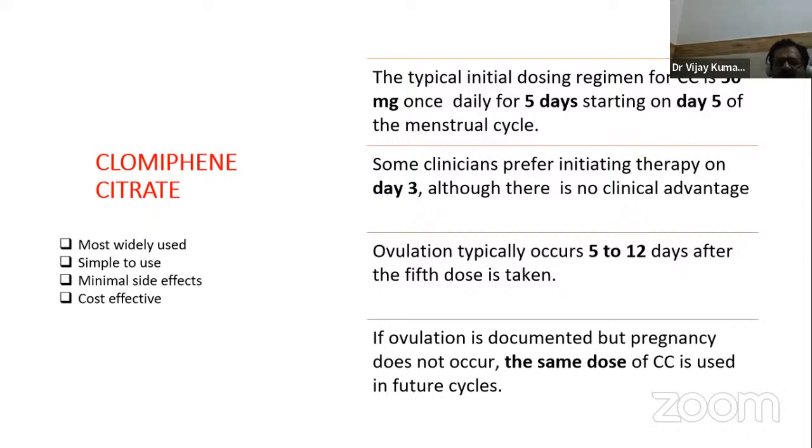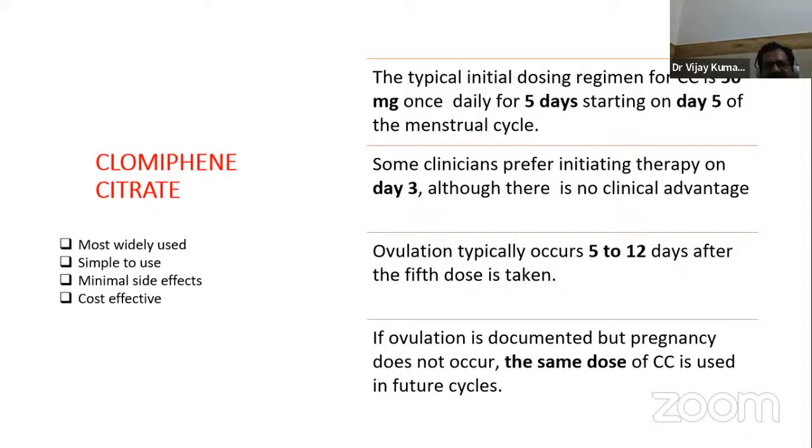If ovulation is documented but pregnancy does not occur, the same dose of clomiphene citrate is used in future cycles. So how do you monitor whether the woman on clomiphene citrate is ovulating? This can be done using ultrasound, especially TVS. The follicular scan has to be done serially, to start with on day 8, 11, 13.